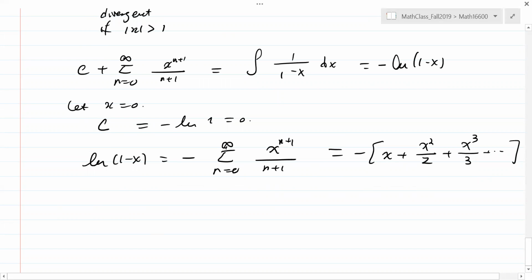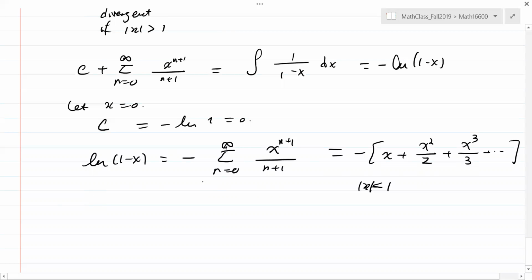Anyway, this is an interesting series. So natural log of 1 minus x can be expressed as a power series, but this is true only for absolute x less than 1. When absolute x is greater than 1, this side is divergent, but the left side, when x is less than negative 1, is defined.